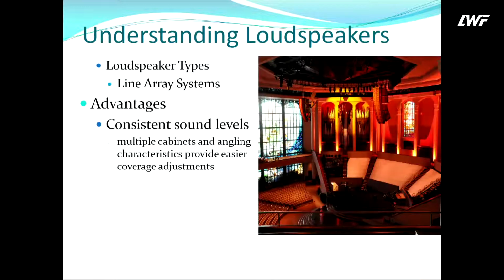Nawala? Ngayon. Okay, ang advantage ng line array is that there is consistent sound level. Kasi multiple cabinets yan eh. And angling characteristics provide easier coverage adjustments. Now you have to understand na ang coverage ng isang strip ng line array is sometimes 20.